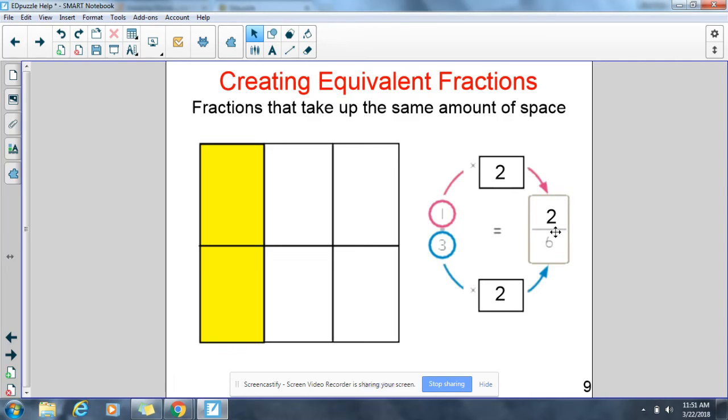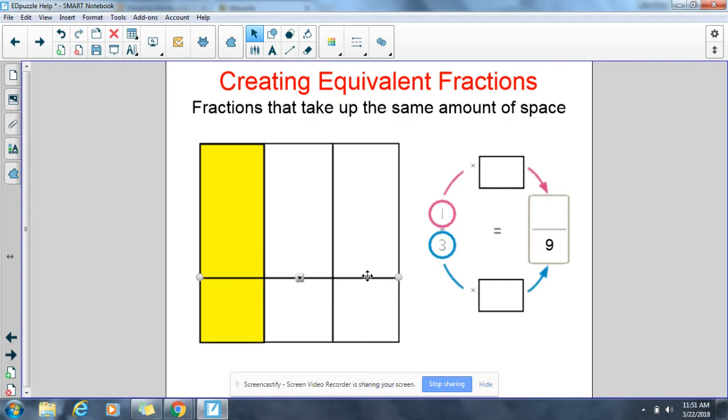All right. Now, what if I'd have done this though? What if instead of wanting to change this into sixths, I wanted to change this into ninths? Okay, so think about what I've got to do here. I'm not just going to cut the pieces in half. I've got to cut them into thirds because I had 3 pieces. If I cut every piece into 3 equal pieces, I'd have 9 when I'm all done, right?